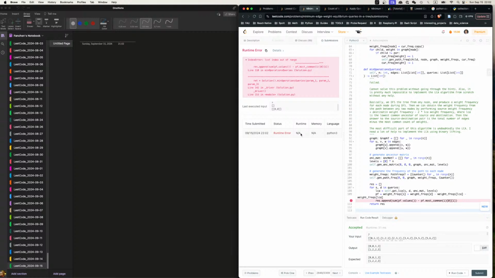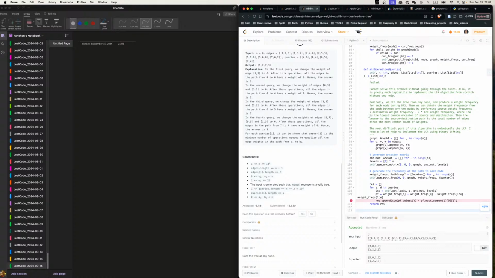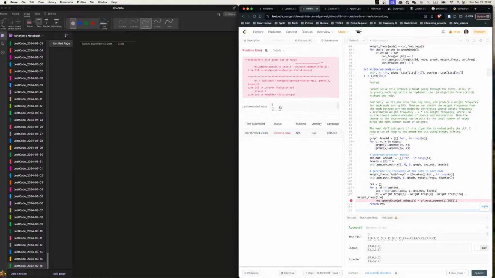Most common. What is the input? One node, right? One node, no edges, and it's to itself. What is the answer? It should be 0, right?